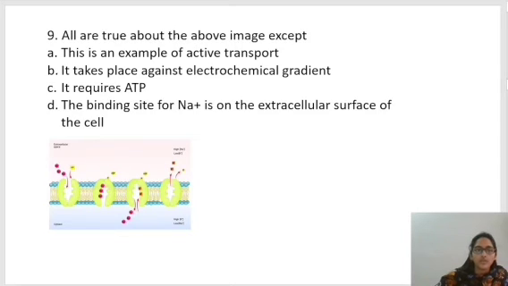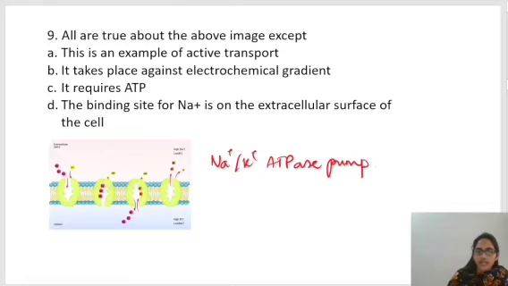Now, all are true about the above image except. What is this image? This image is the sodium potassium ATPase pump. What is the sodium potassium ATPase pump? It is an example of active transport, specifically primary active transport.